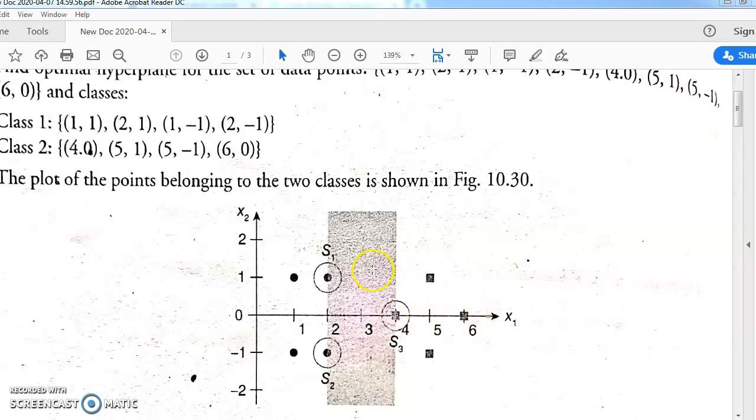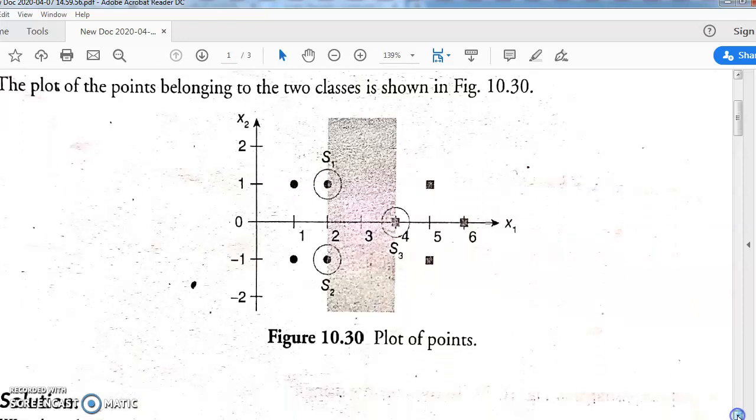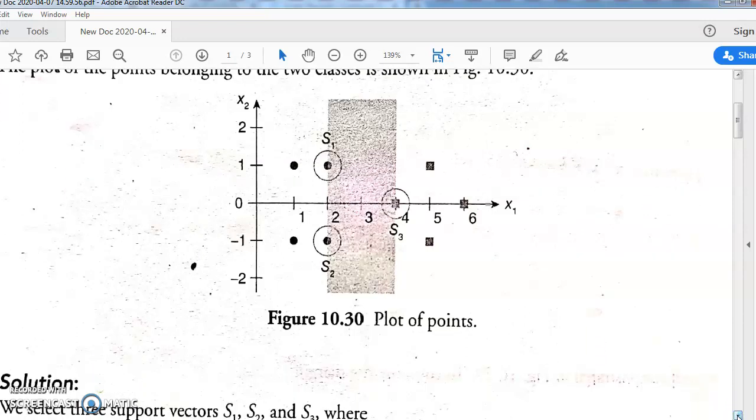So it is easy for us to draw the hyperplane so that all points can be classified into two different classes. Here we don't need to use any kernel trick. I will explain the kernel trick when I explain the non-linear SVM. This is linear SVM, so you have to do nothing.